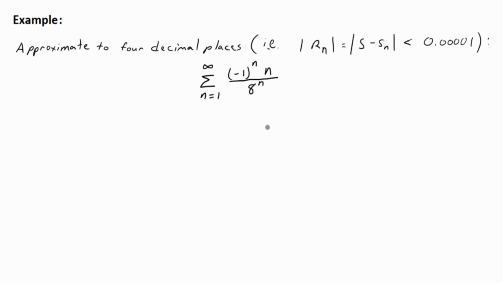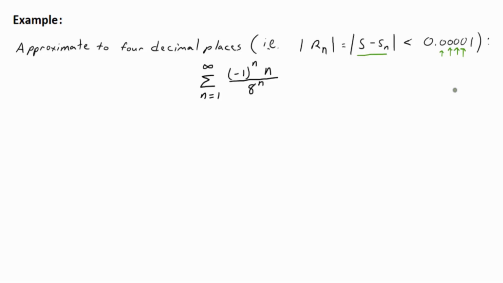So in this one, approximate to 4 decimal places, which means we need this guy to be less than, okay, 1, 2, 3, 4 zeros I put here. I go back and forth on this.